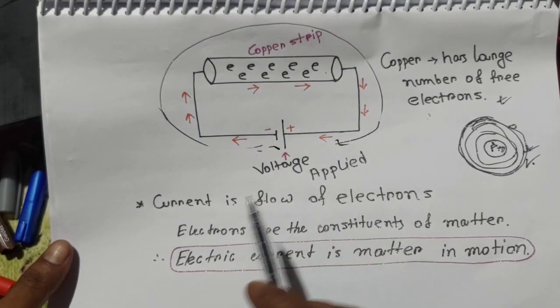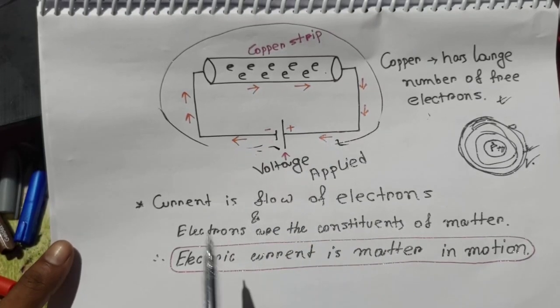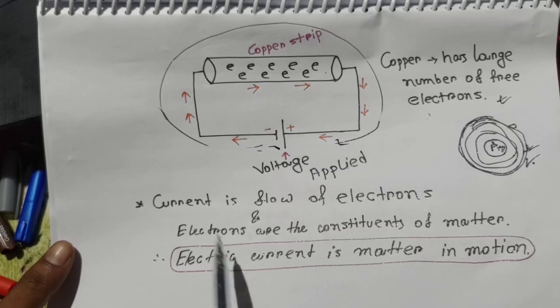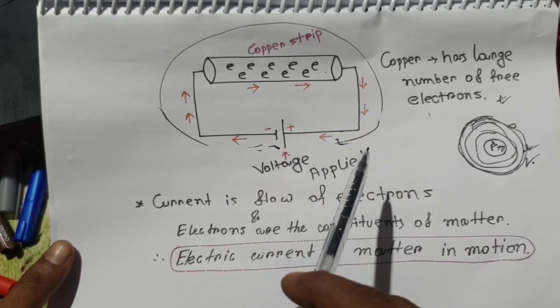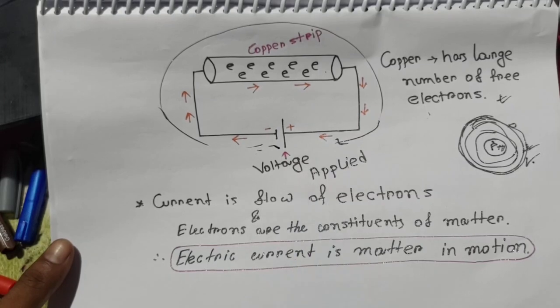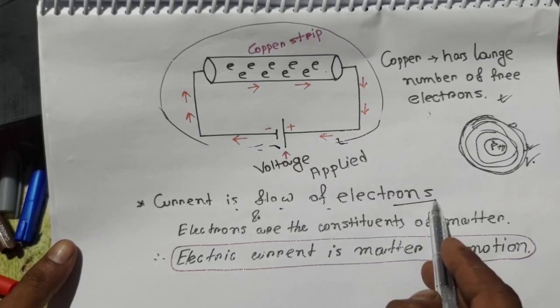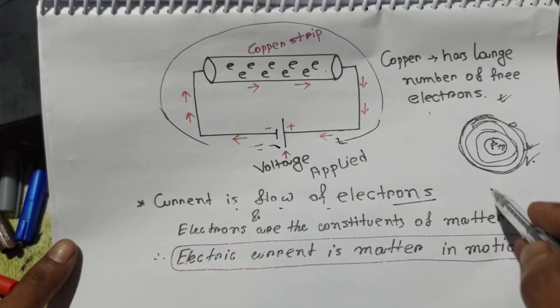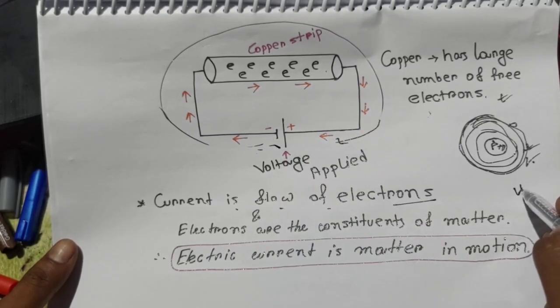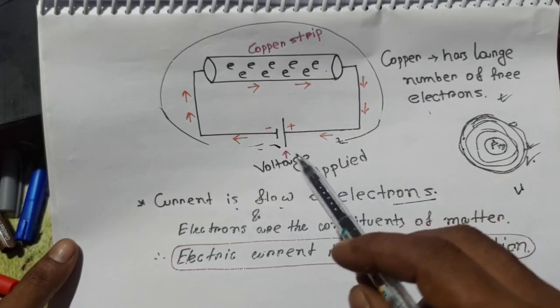This flow of free electrons is called electric current. Current is the flow of electrons. Flow of which electrons? Those free electrons.